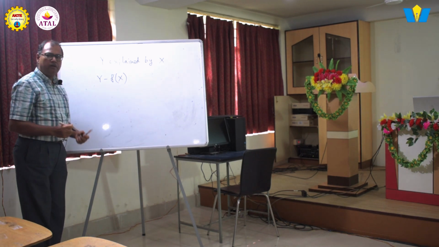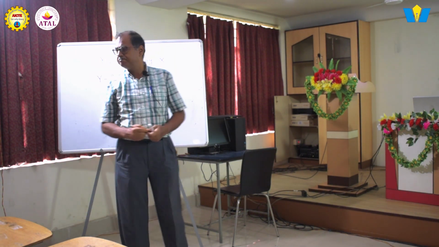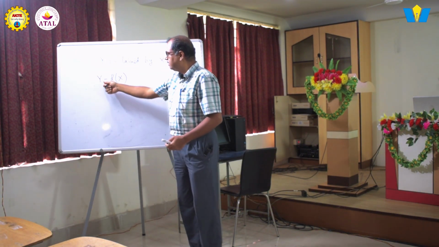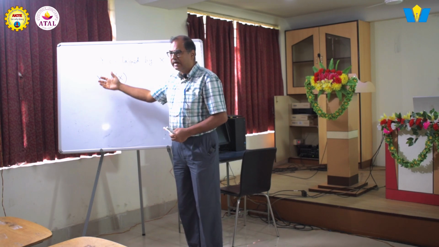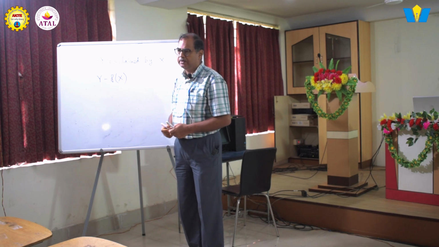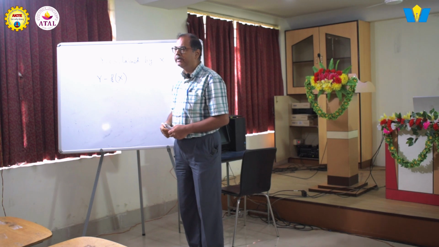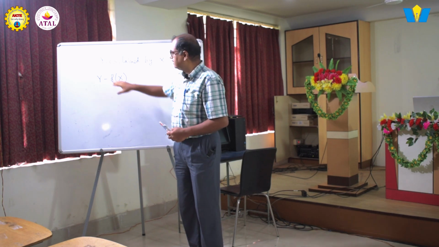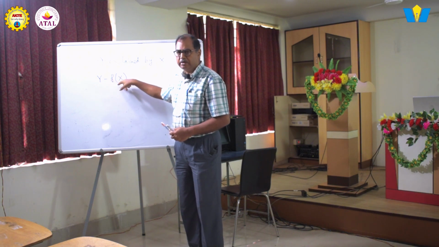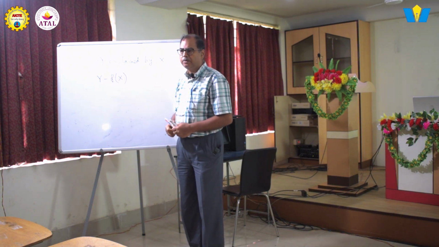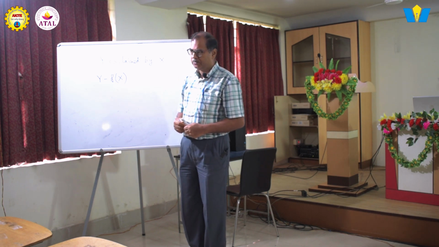Suppose I want to explain y by some function of x. Okay? I'm trying to explain y by some function of x. And y is a random quantity, x is also a random quantity. So this explanation of y will be a good explanation if the gap between what I am trying to explain and the quantity with which I am explaining, if that gap is small, that's a good thing for approximation.